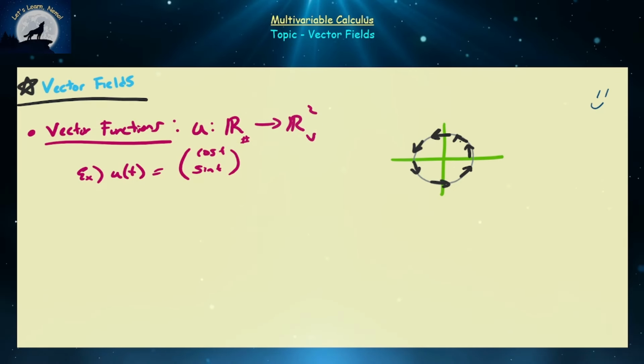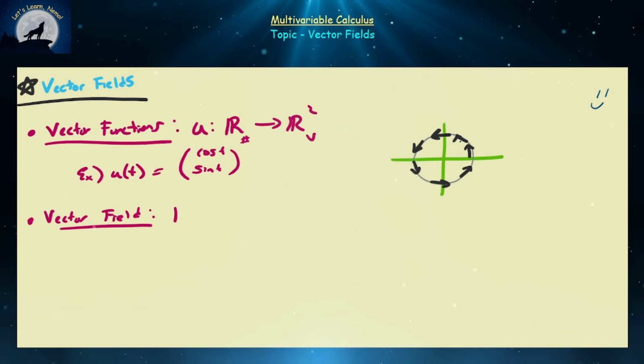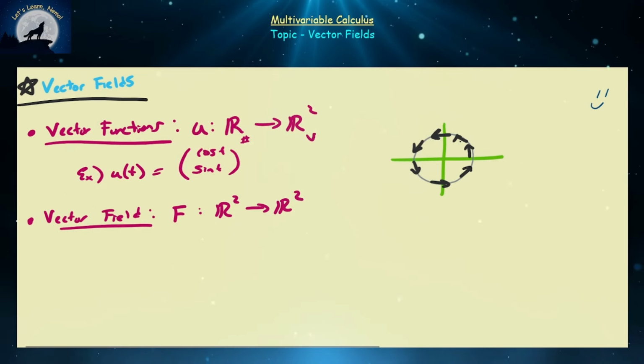Now what we're going to do is introduce a new idea known as a vector field, which is going to be an object, capital F, which is going to map R2 to R2. Here, what we're going to be mapping is a point, which is technically a two-dimensional number, to a two-dimensional vector.